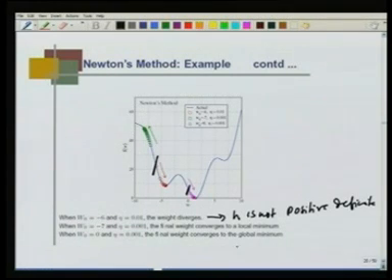The final weight converges to the global minimum, but then we really did not achieve much in comparison to gradient descent, except probably, whatever the number of steps gradient descent takes to go to the local minimum, probably using this Newton method you can improve on that speed, but in no way is the desired goal of learning achieved by the Newton method.